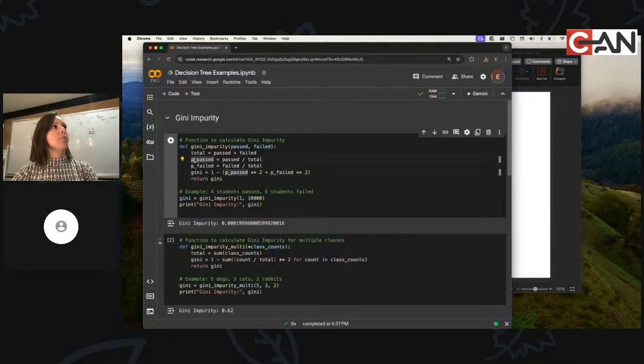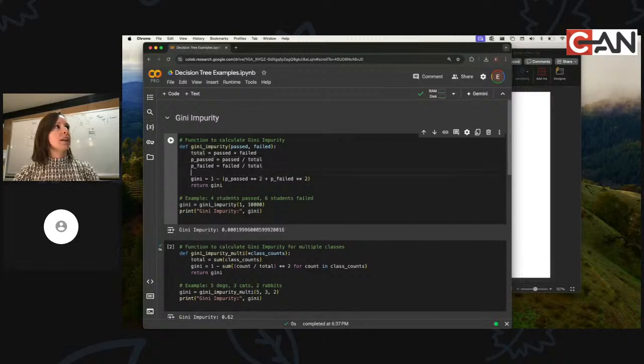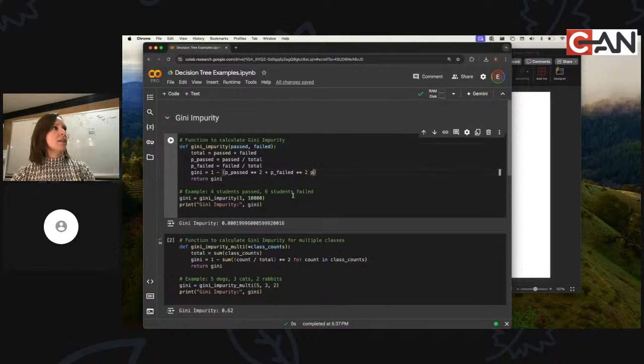So we could say P of category 1, P of category 2, and here we could add another category, P of category 3 equals the number of that over the total, and we would just pass in category 3.